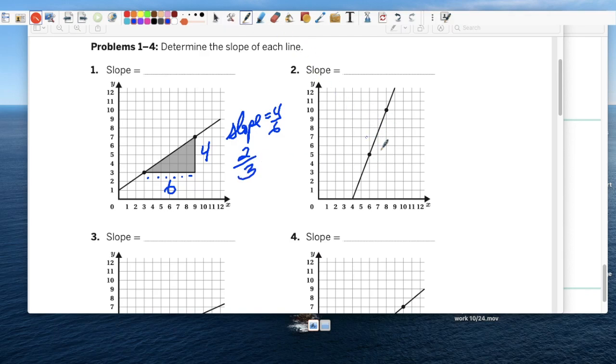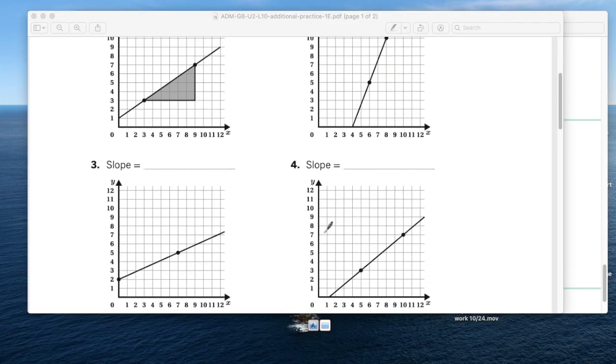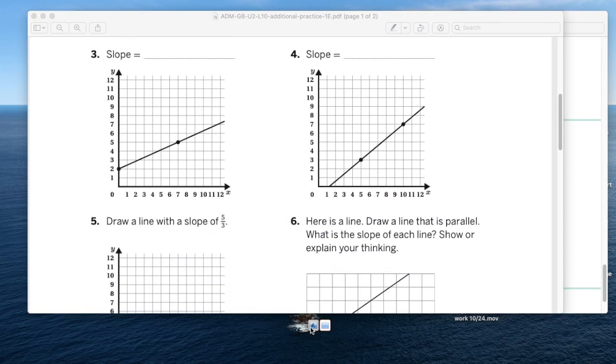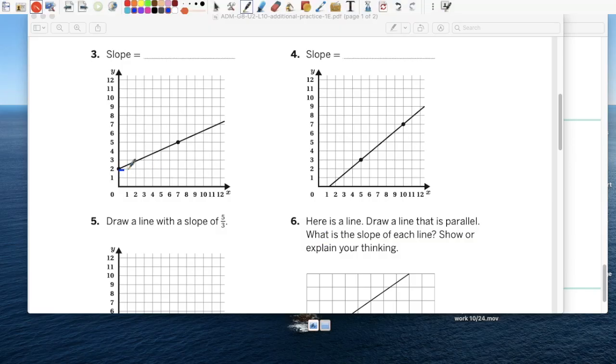What's the slope here? Well, pick 2 points. They did that for us. Triangle. The height is 1, 2, 3, 4, 5, base is 2. So the slope here, we'll leave it as 5 over 2. Again, they pick 2 points for us, or you can pick 2 points for yourself.